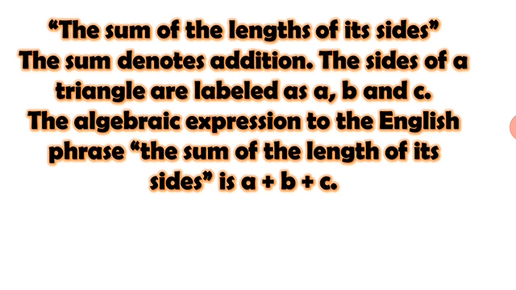Let's say that the sides of a triangle are labeled A, B, C. So we need to get the sum of A, B, C. If you're going to write it as an algebraic expression, the sum of the lengths of each side can be written as A plus B plus C. Okay? Because we have three sides, A, B, and C, then sum, so addition.